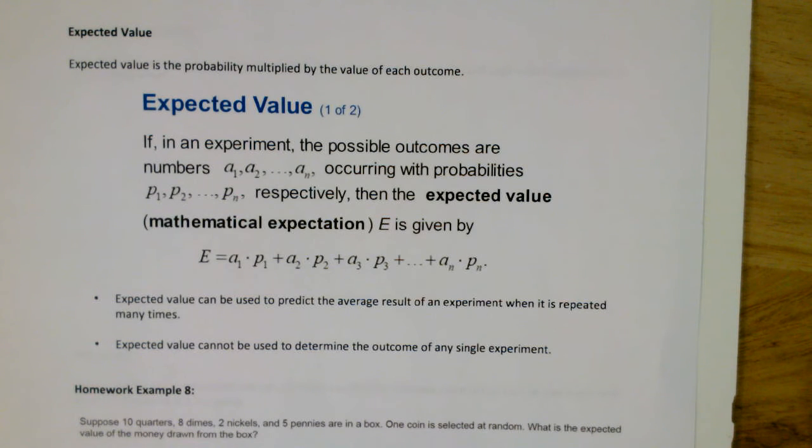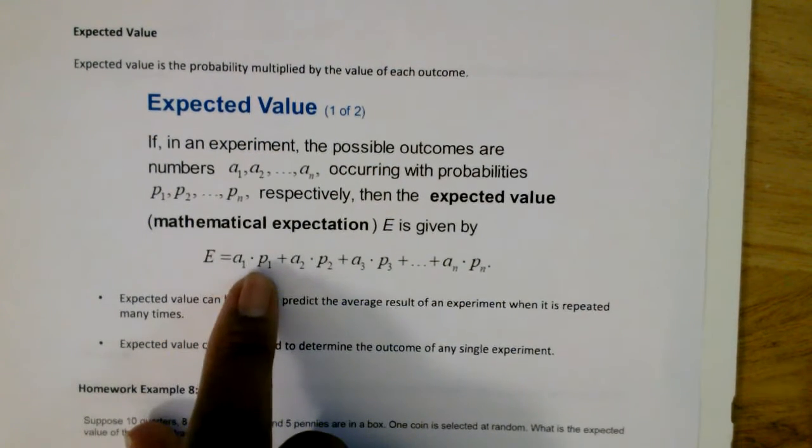And here's the formal definition. If in an experiment, the possible outcomes are numbers A1, A2, all the way down to A sub n, occurring with probabilities P1, P2, all the way to P sub n, respectively, then the expected value, or sometimes called mathematical expectation, which we give a notation as capital letter E, is given by this.